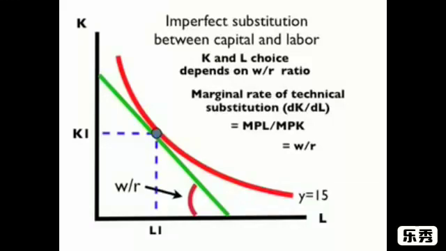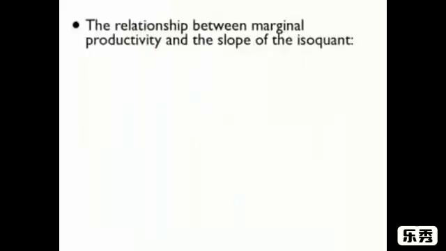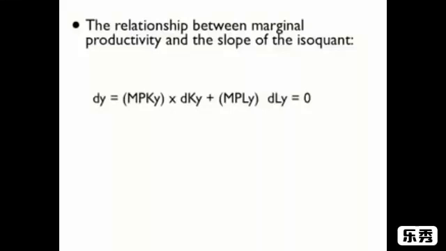Let's examine this relationship more closely. First, let's start with the slope of the isoquant. First, let's consider a change in output along an isoquant. You can write this expression in the following way, where dy means the change in production. It's equal to 0 because we're holding output constant.